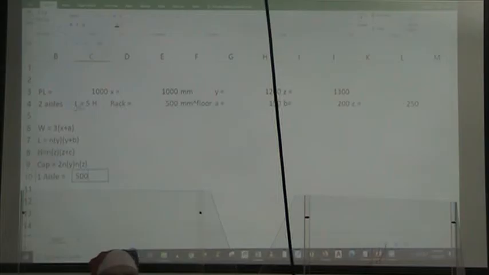Since we know that length is equal to 5 times the height, we can say that ny times the quantity y plus b equals 5 times nz times z plus c.